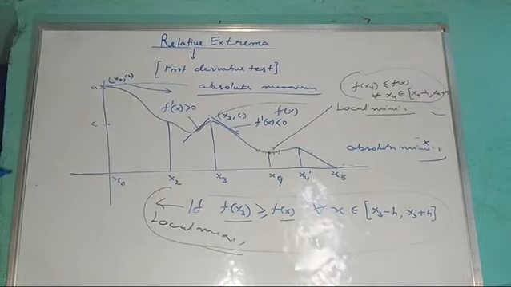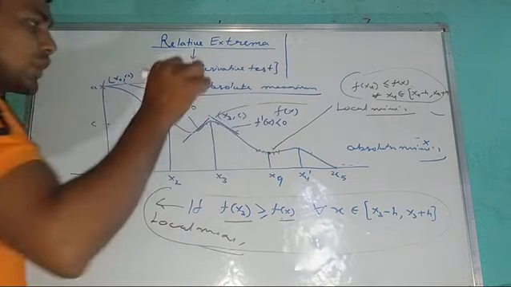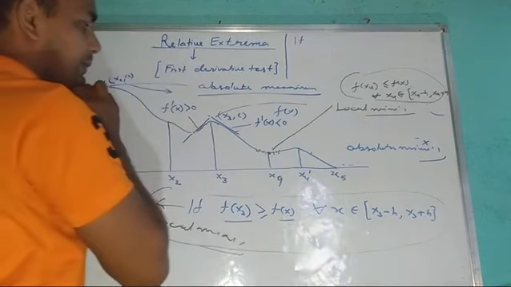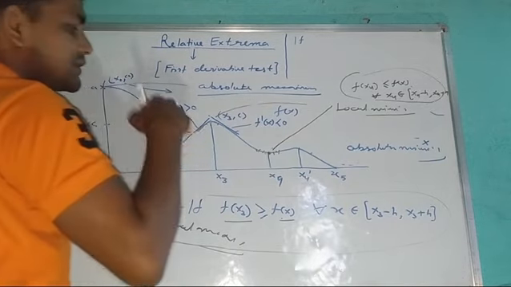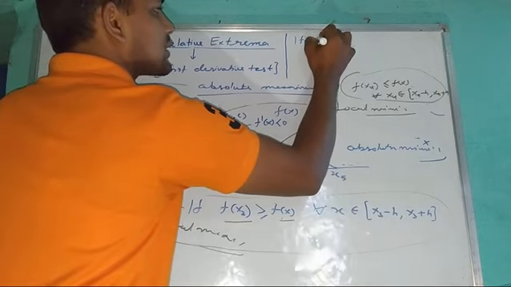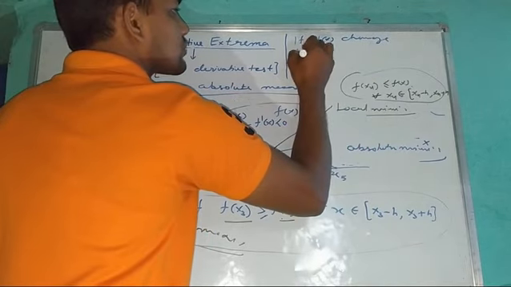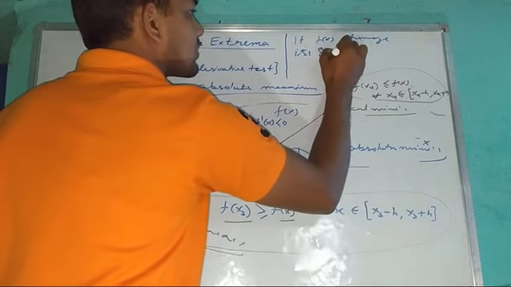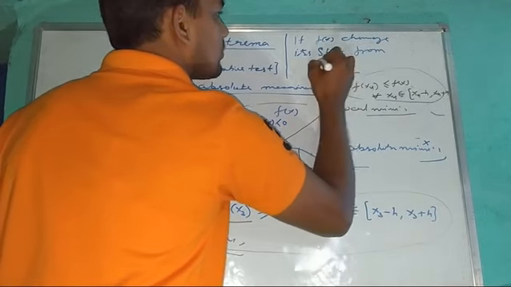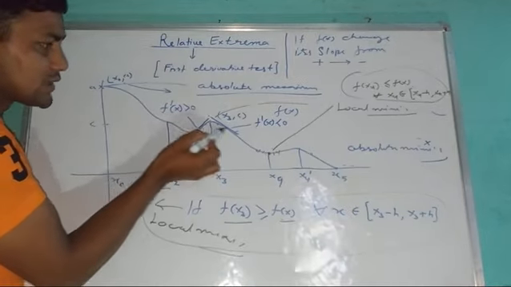And how can we say that this point is a maximum point? A point is a maximum point if the function changes its slope from positive to negative.